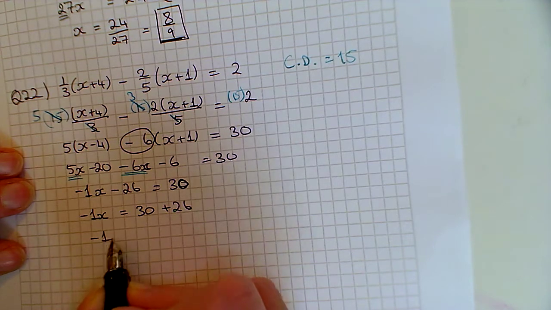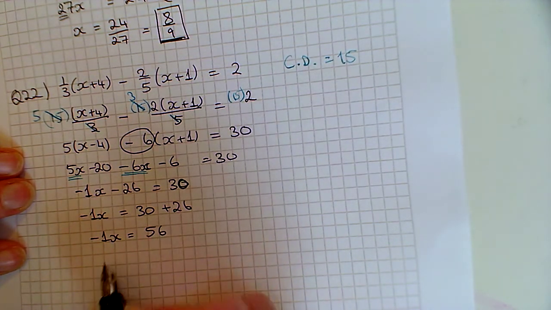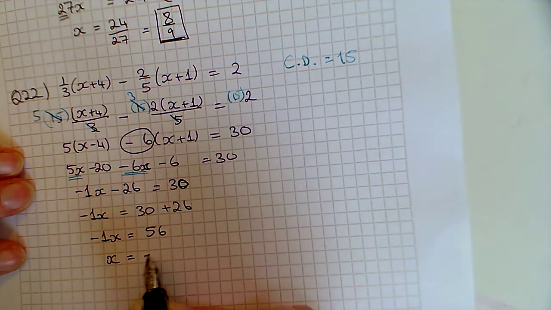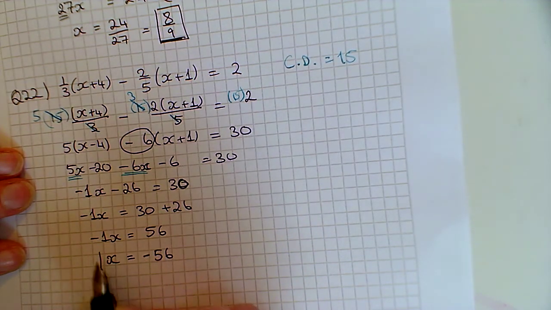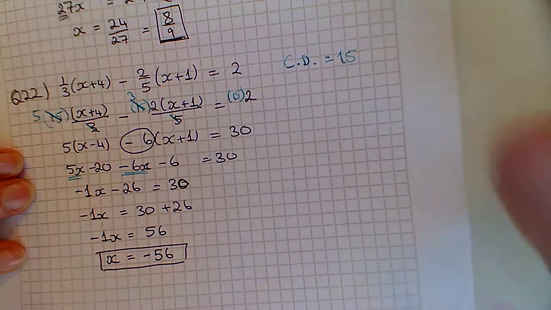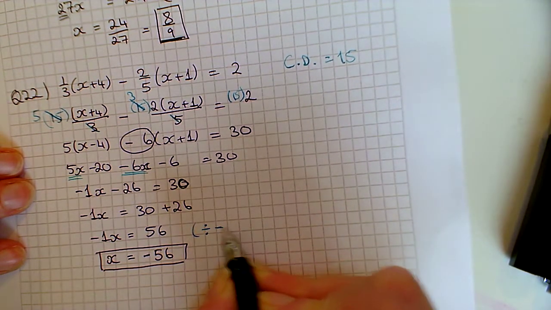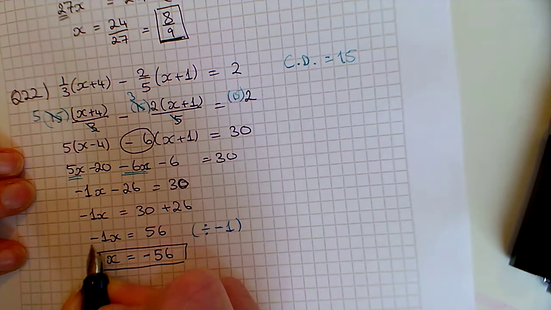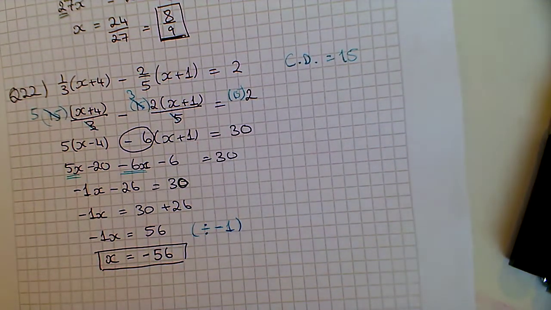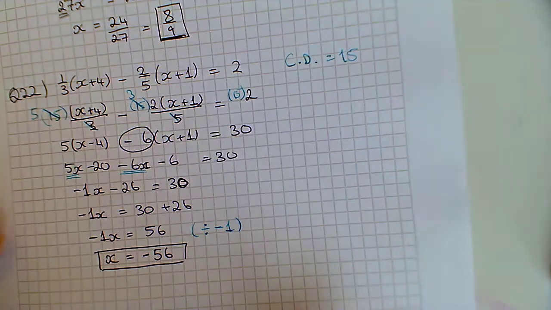So minus 1x is equal to 16. And I change the signs, x is equal to a negative 16. When I say change the signs, what am I actually doing? I'm dividing both sides by a minus 1, so that becomes plus and that becomes minus. x is equal to minus 16.